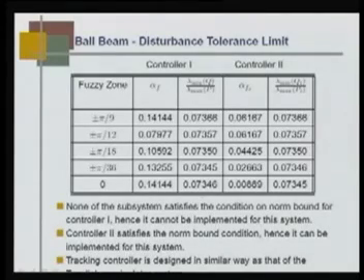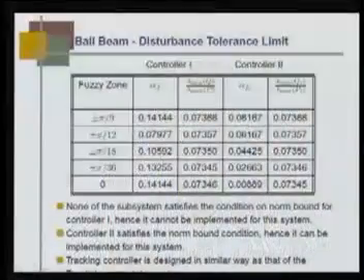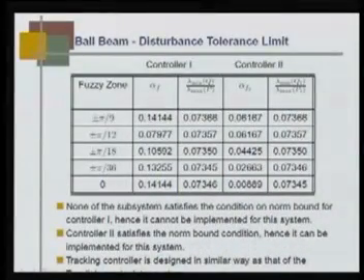So, you see that for this ball beam system, we could not implement controller 1 as well as Jack's controller. We could implement only controller 2, because of the relaxation that this controller provided. This condition was not satisfied for the ball beam system by controller 1, whereas it is satisfied for controller 2. None of the subsystems satisfies the condition on norm bound for controller 1, hence it cannot be implemented for this system.